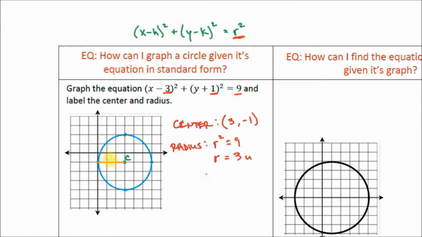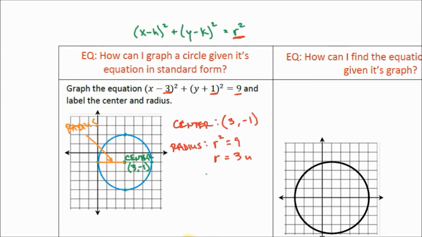So let's just draw an arrow. This is our radius. And then this point right here, we should be able to write this in. This is our center. And the center is at 3 comma negative 1. So there is our graph with the radius labeled and the center labeled.